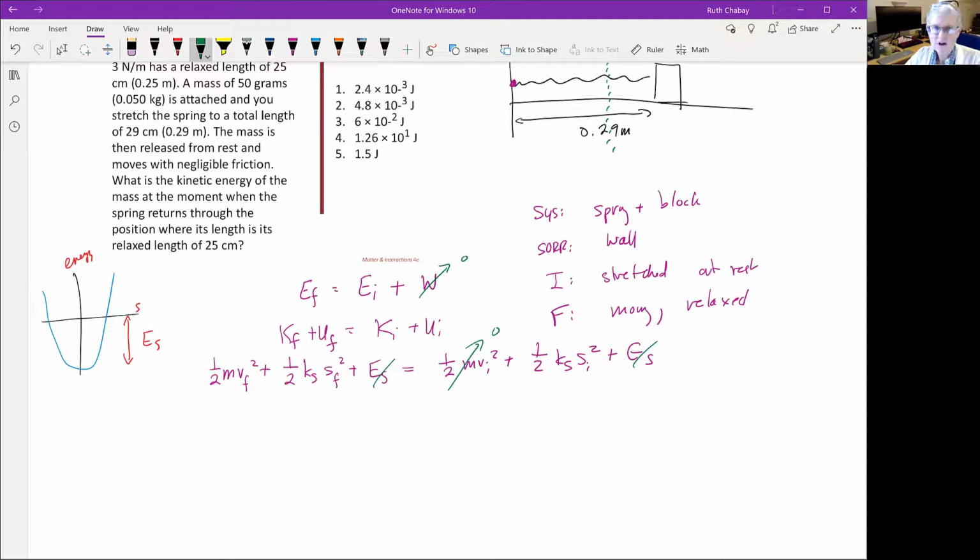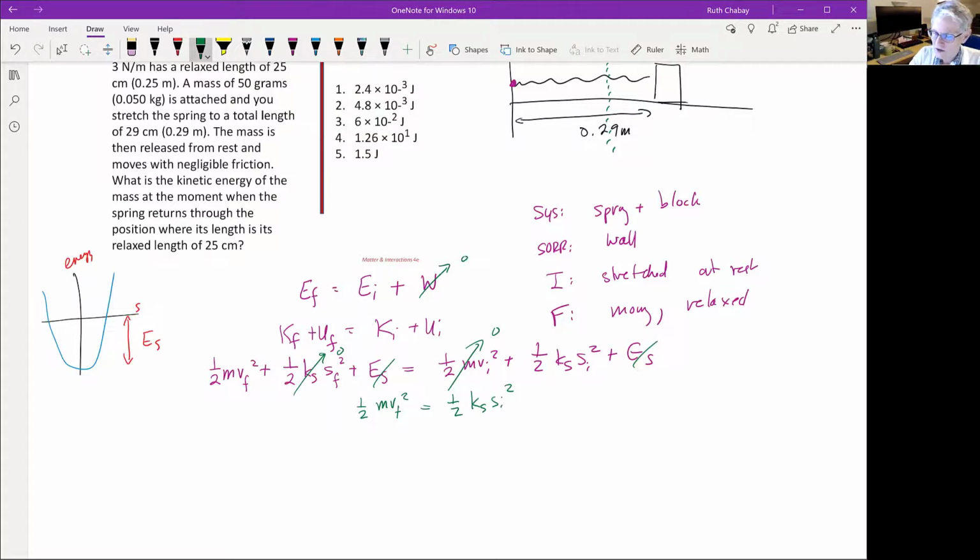And the final spring energy is 0 because the stretch is 0. So we have a half m v final squared is equal to a half k sub s initial squared.